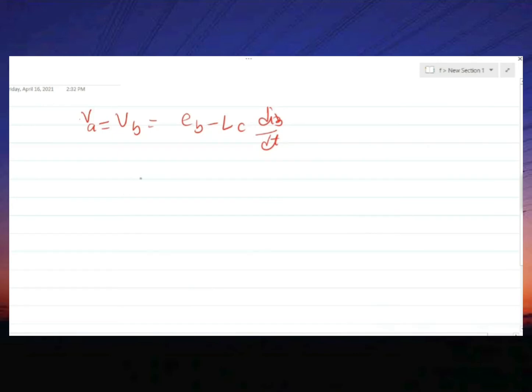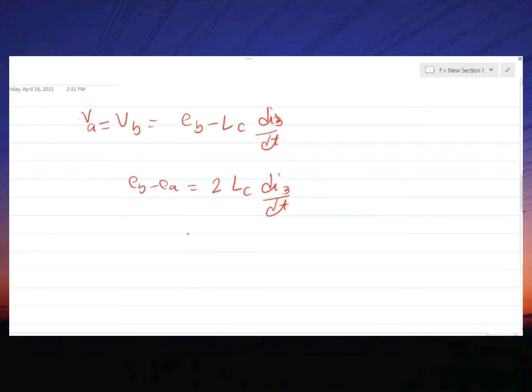As you know, the equation is EB minus EA is equal to 2 LC di3 by dt. So you can get the value of LC di3 by dt from this equation.